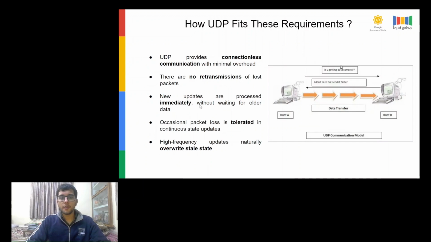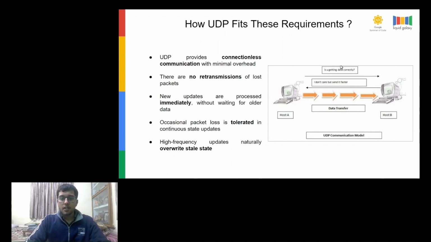But how does UDP fit these requirements? The User Datagram Protocol aligns closely with Liquid Galaxy's synchronization model as it allows the master to transmit the views immediately and simultaneously to all the slave machines. Each update is sent as an independent datagram, which means that every packet can be processed on its own without dependence on the previous messages.